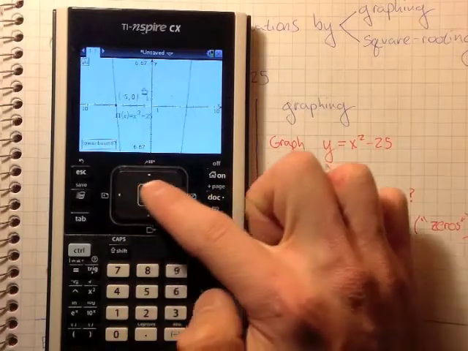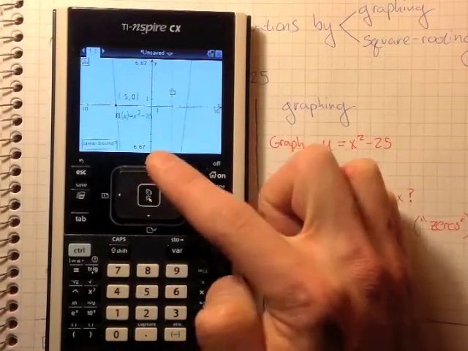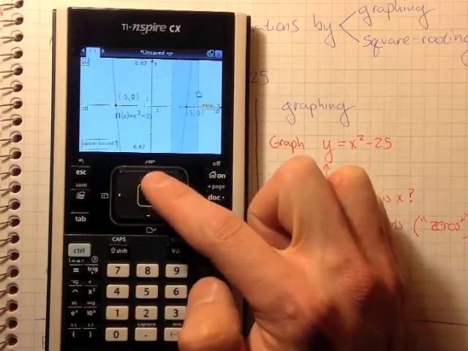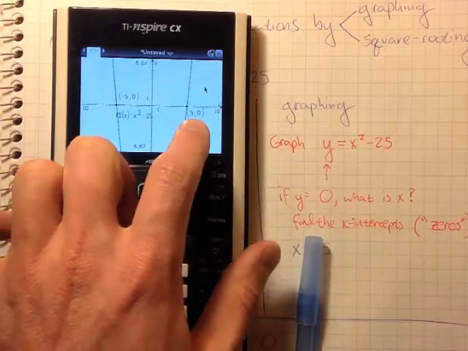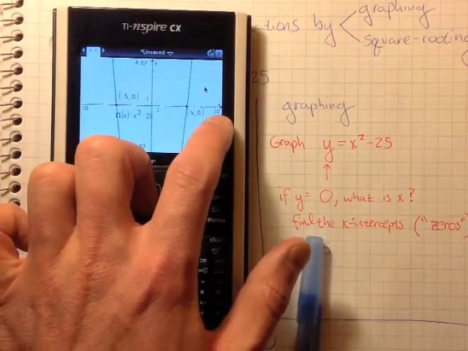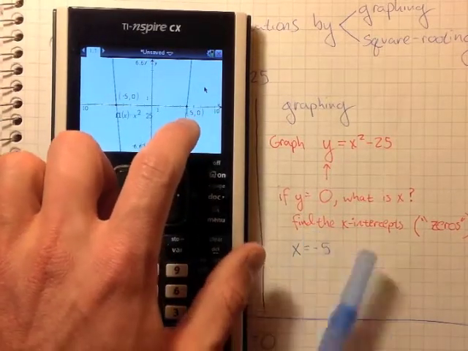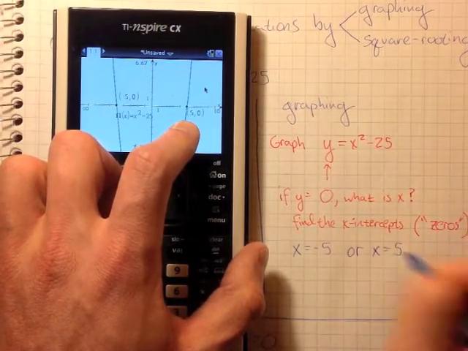We're going to set the lower bound so that it's to the left of this new intersection point. The upper bound is going to be to the right of that intersection point. And look at what the ordered pair of that new intersection point is. 5, 0. Again, y is 0, but now x is +5. Okay?